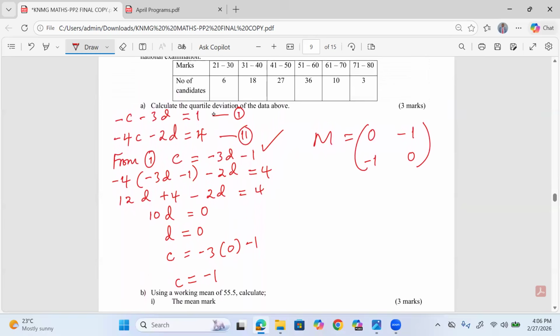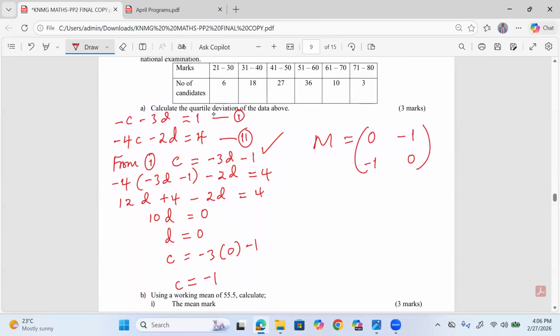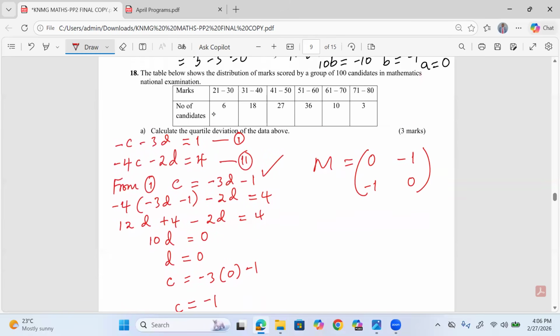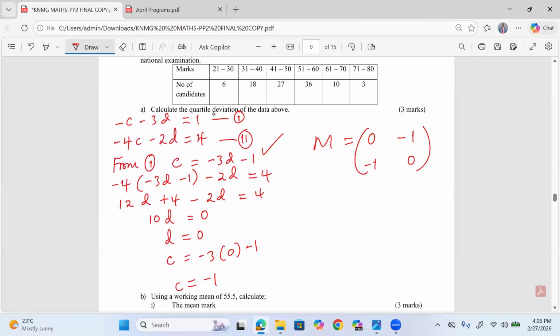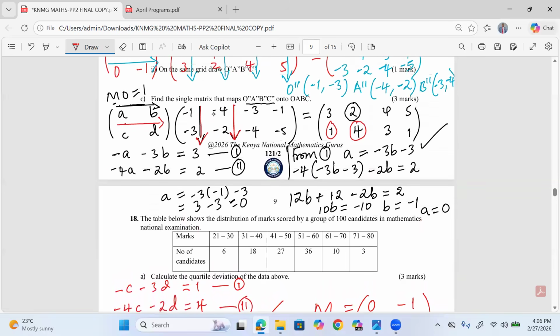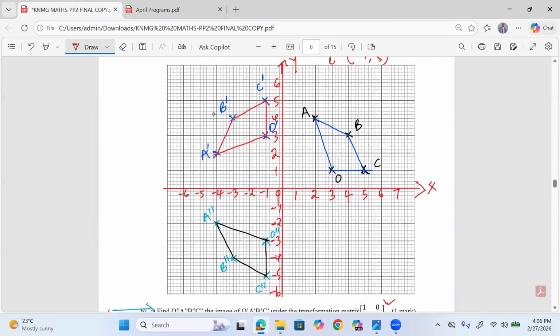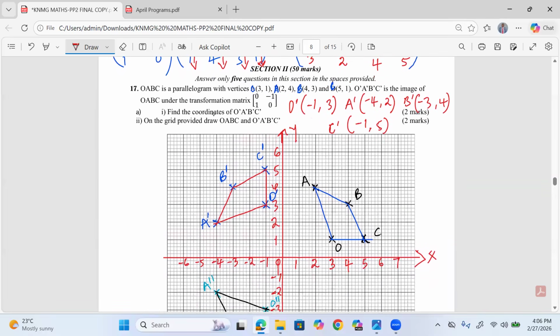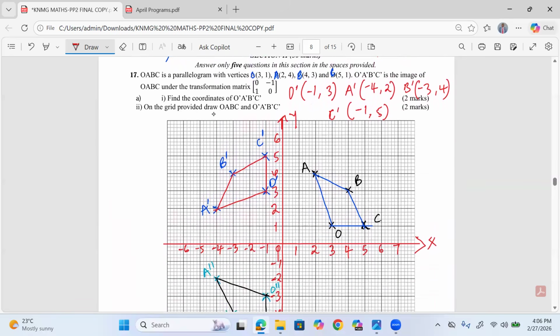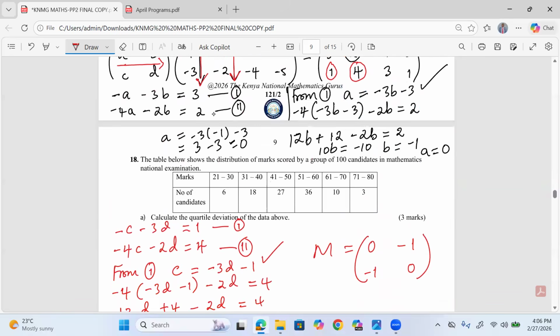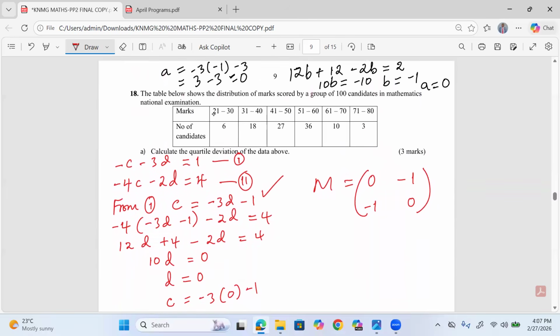So we have our matrix now, which is responsible for transforming the final image to the original object. A very simple question, very simple. So that's how the first 10 marks in this paper are supposed to be obtained. A very good question.